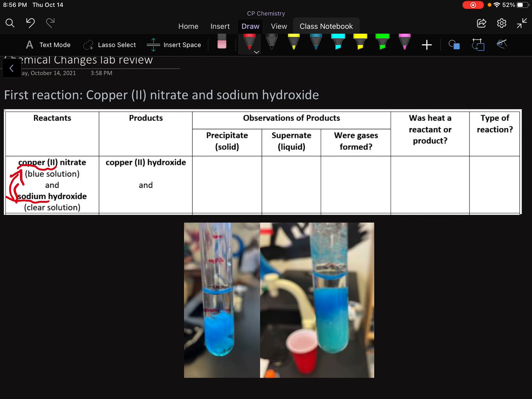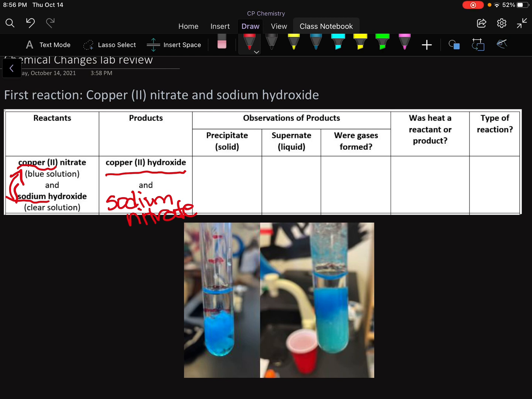So copper moves to hydroxide and sodium moves to the nitrate. So it lists the copper 2 hydroxide here. So sodium nitrate would be your other product.